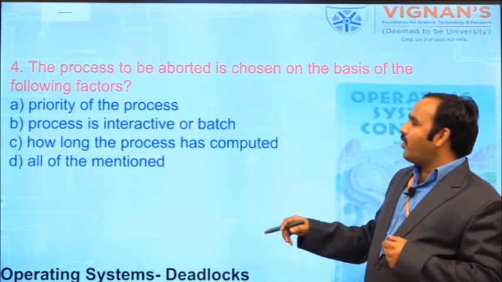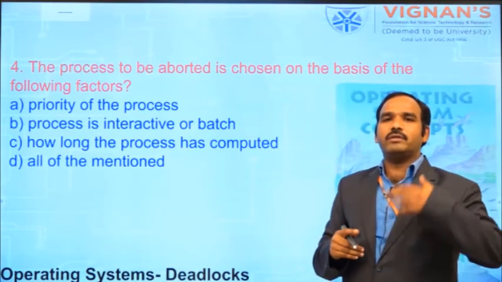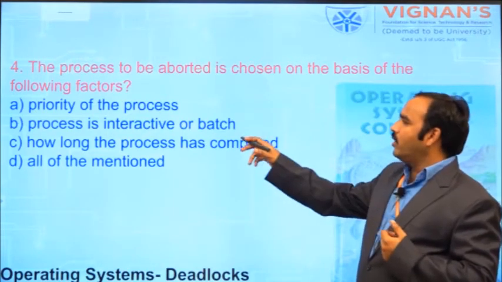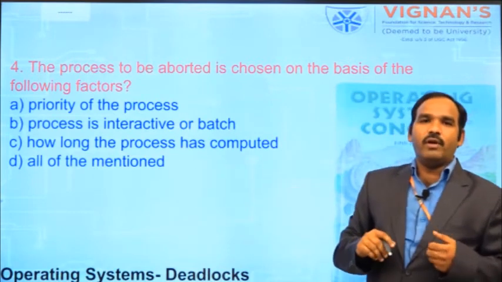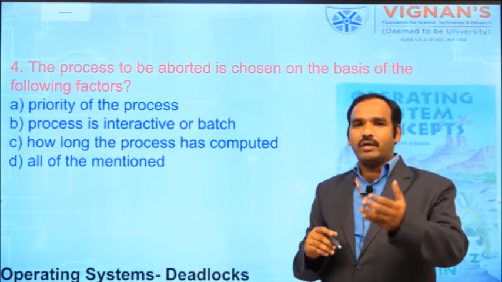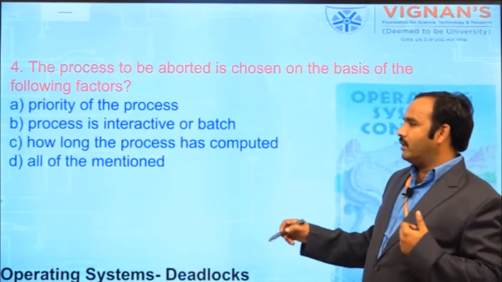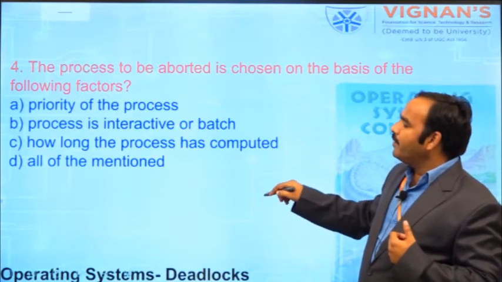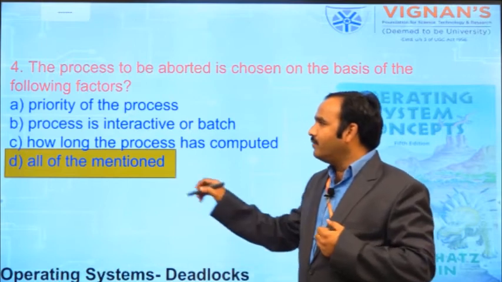And B, whether the process is an interactive process, batch process, user process, or daemon process. You have to consider it. And next one, C, is how long the process has been running, whether the process has completed a long time or a short time, that is also a factor. So the answer for this one is D, all of the mentioned.